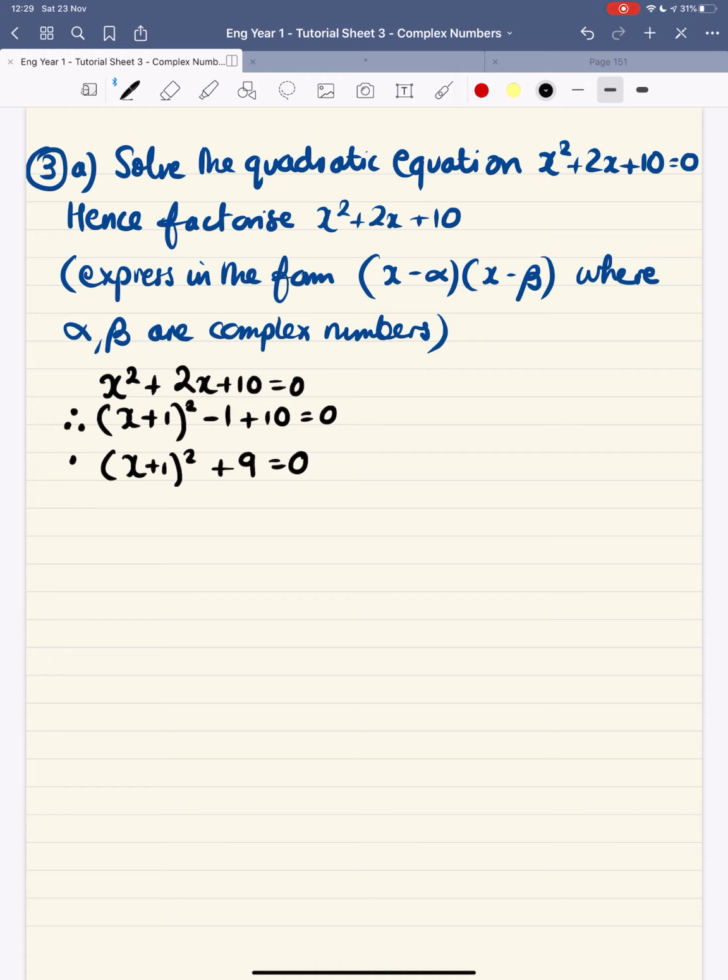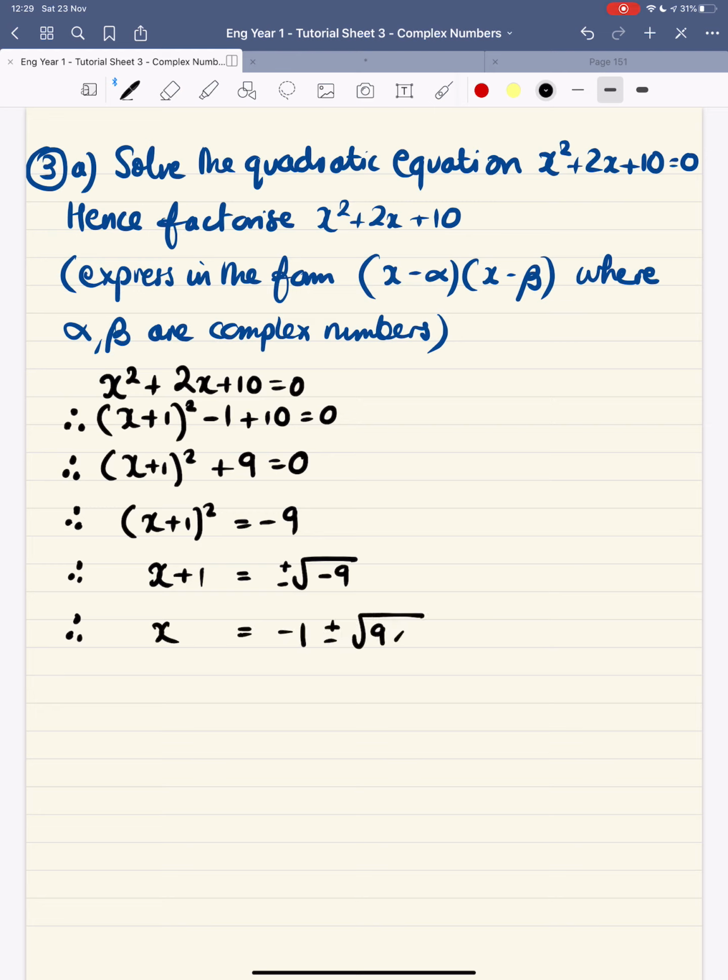Therefore, x plus 1 squared is minus 9. So therefore, x plus 1 is plus or minus the square root of minus 9. So therefore, x is minus 1 plus or minus the square root of 9 times minus 1. So it's minus 1 plus or minus 3j.